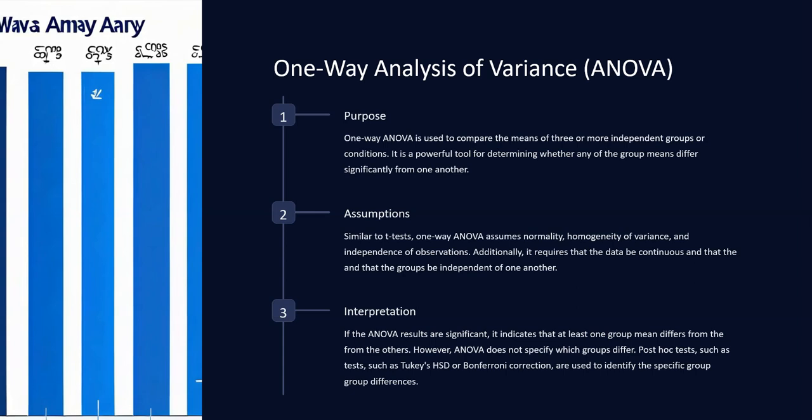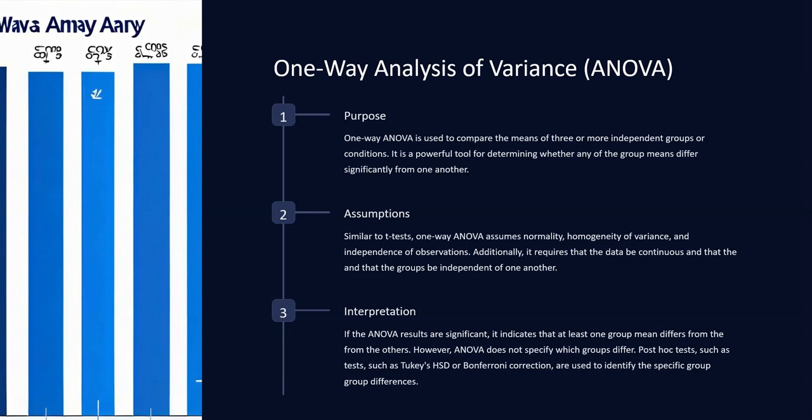Then you can go for one-way ANOVA analysis. It will give you the difference between the students of political science, physical education and geography. Is there a significant difference in their performance in terms of the score, and many other things also. You can go for any kind of test.